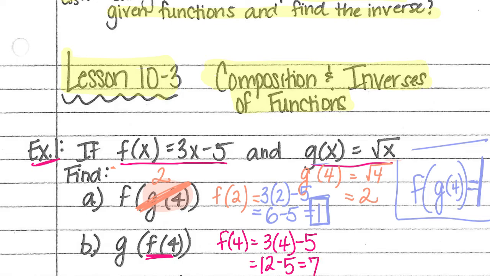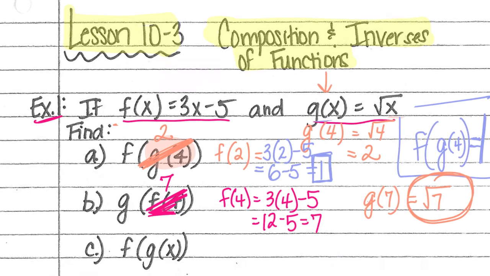So I'm going to replace the f of 4 and put 7 in here, and I'm going to find g of 7. We're going to go to the g equation. Instead of putting in x, we're going to put in 7. So the answer to g of f of 4 is the square root of 7. You do not have to find a decimal for that.